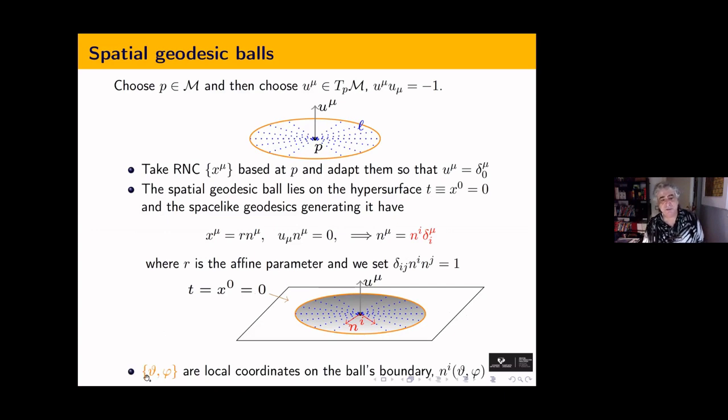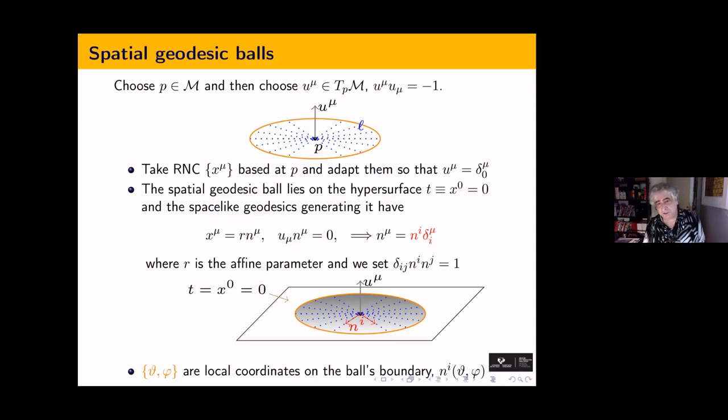If I use theta and phi as coordinates on the sphere, the n^i will be just the traditional functions which make this satisfied. Sometimes these are called the direction cosines: sin theta sin phi, sin theta cos phi, and cos theta.